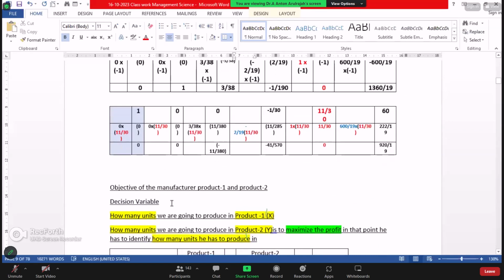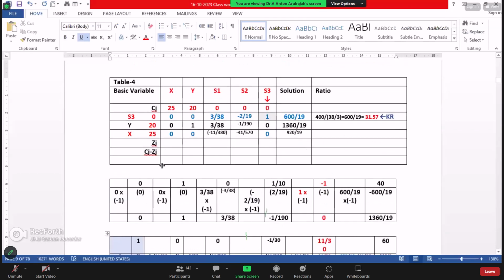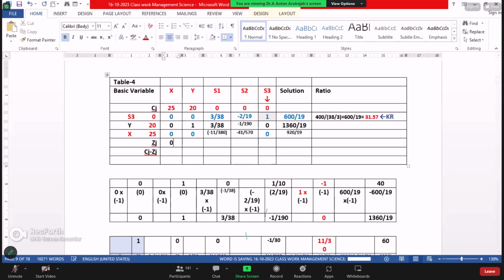But you see this. So again, rotate it. There are some problems in calculations. Right? So we made a mistake. So here, Cj minus Zj value, because all are 0, 25 minus 0 is 25.